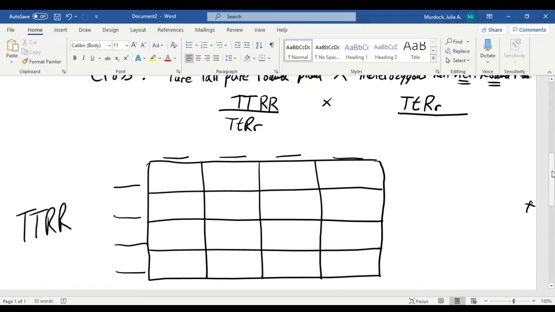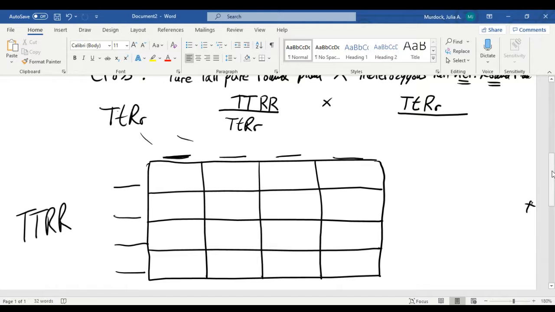So these are going to be the gametes, right? The things that go here. So if I have this parent, I'm going to put it over here just to make it more clear. If I have this parent, how do I figure out what gametes are going to go in those 4 spots? This is where independent assortment comes in.